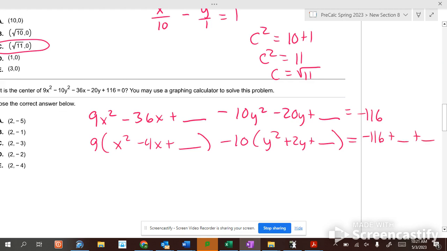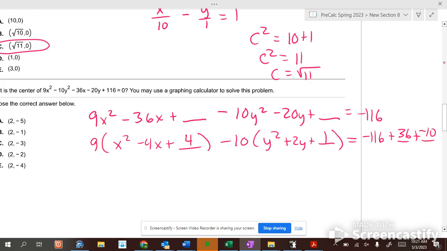What's half of 4? 2. 2 squared is? What's 9 times 4? 36. So we're adding 36 to that blank, because really this blank is 36 because it's 9 times 4. What's half of 2? 1. 1 squared is? So this is negative 10 we're adding to here, so it's negative 10 right here.